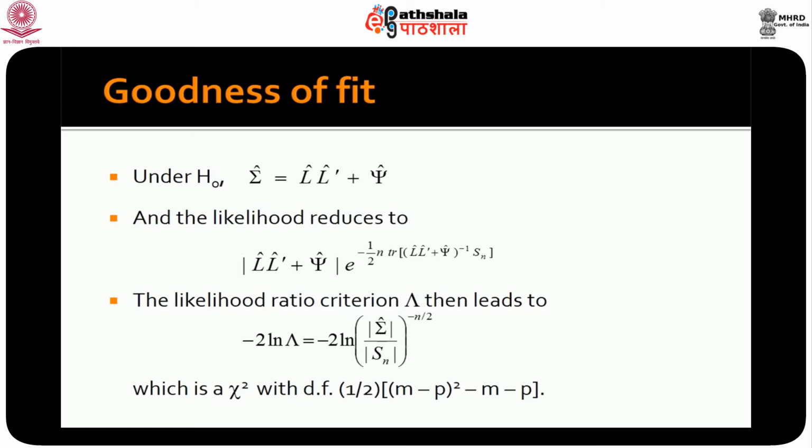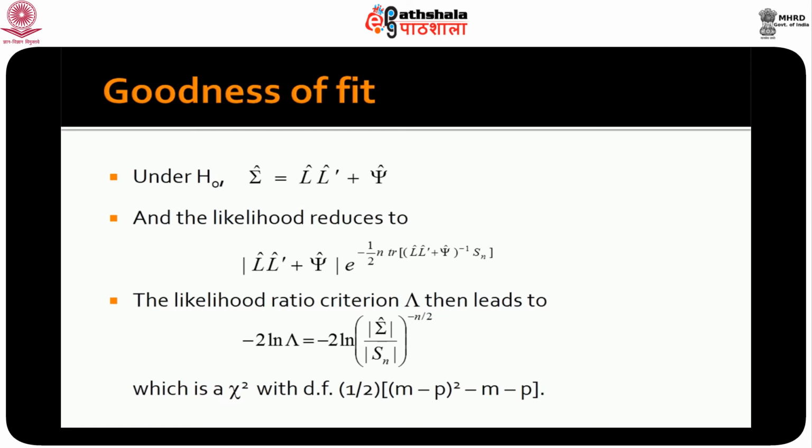If we put this into the likelihood function, the maximum value under this for the likelihood function would be given by the determinant of L hat L hat prime plus psi hat, to the power of minus n by 2, into e to the power of minus half n trace of L hat L hat prime plus psi hat inverse into Sn. But then the exponent, this Sn would cancel off with L hat L hat prime plus psi hat inverse, and we would be left with an exponent which would be the same as before, that is e to the power of minus nm by 2.